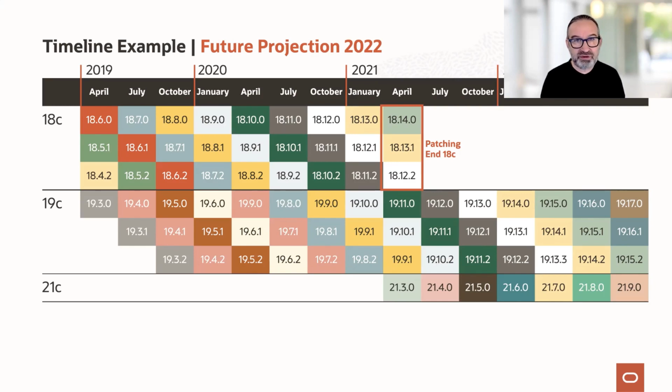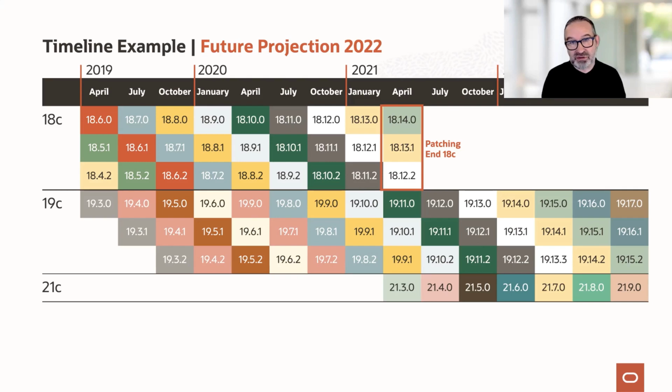So also not very far away. And if you are on 18C, it's time to move to 19C for sure. And there won't be any extension, and there won't be any extended support for 18C. So at the end of June, game over. And the last patch bundles will be released in April this year.